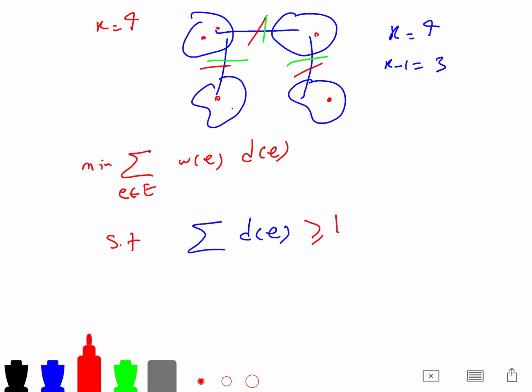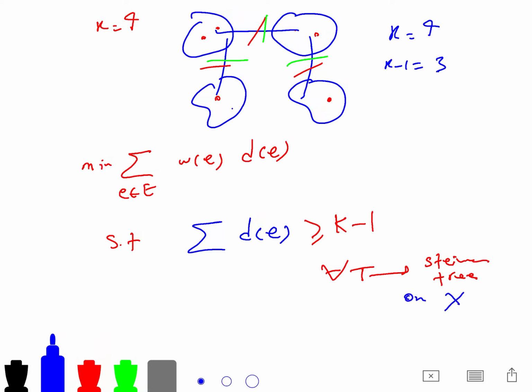So there are at least K minus 1 of them. So for any Steiner tree, and don't forget that it is not a spanning tree. Spanning tree is much easier than a Steiner tree. This is just on terminals, so the tree is only on terminals.